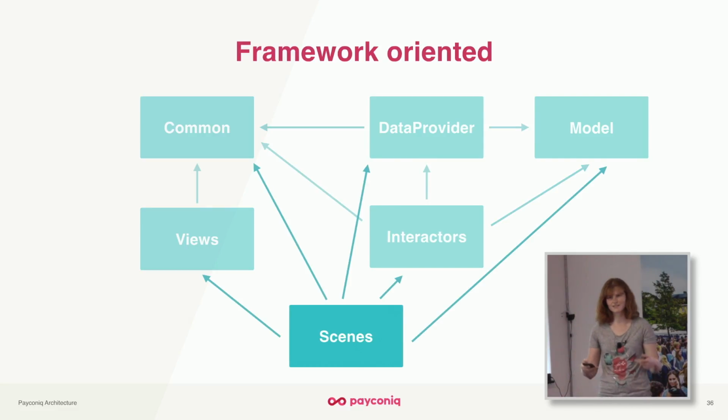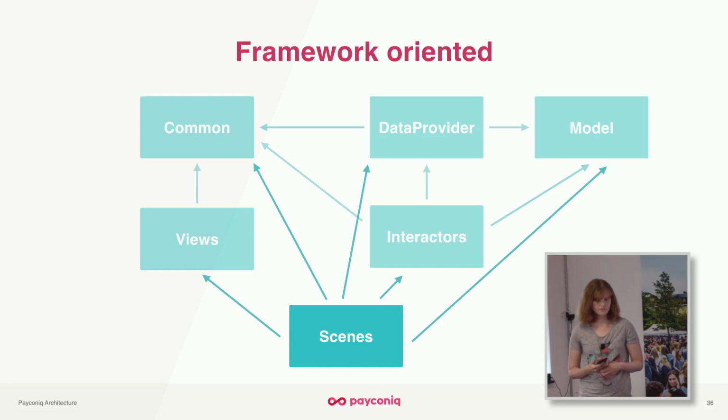Now, scenes are in a separate framework from interactors. So even though we use scenes as extensions on the interactors, we cannot access any private or internal properties of the interactor in the scene. So when we write tests for the interactors, we are sure that it's enough to only test public incoming and outgoing signals. We don't need to care about what's internal in there.